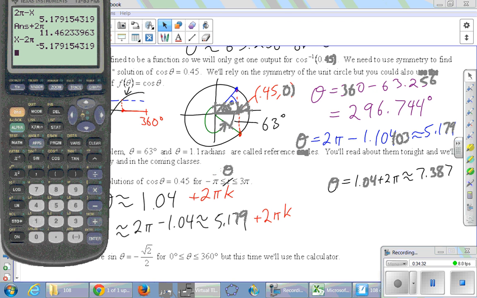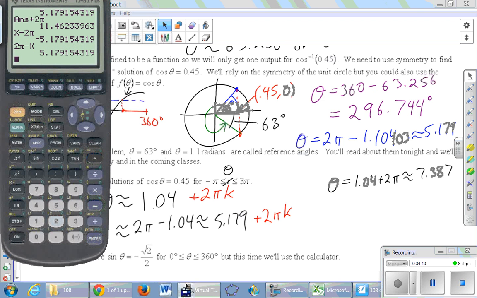But what if we took our other answer? So I'm going to do my 2 pi minus x business just to get my other fundamental answer. And then I'm going to subtract 2 pi from this. We tried adding 2 pi to it, and it was too big. But if we subtract 2 pi, well, it's okay. Negative 1.10403 is within the acceptable range, or domain, I guess I should say, it's inside of negative pi to 3 pi.